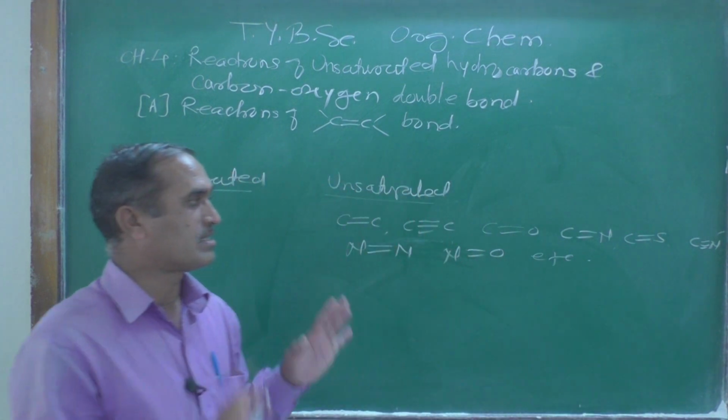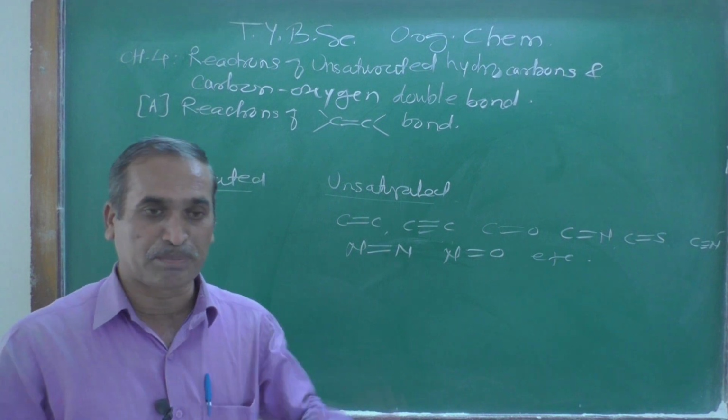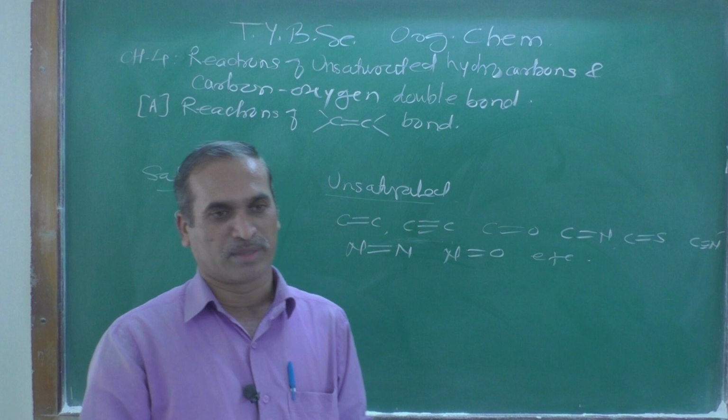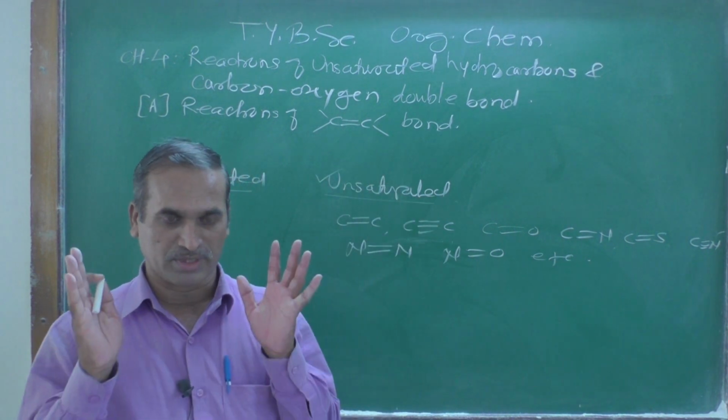When these types of double bonds or triple bonds, meaning multiple bonds, are present in an organic compound, that compound is known as an unsaturated compound.